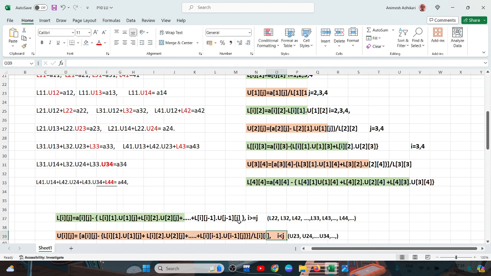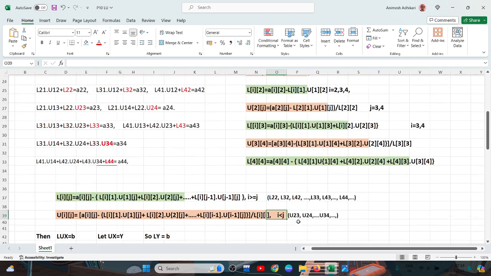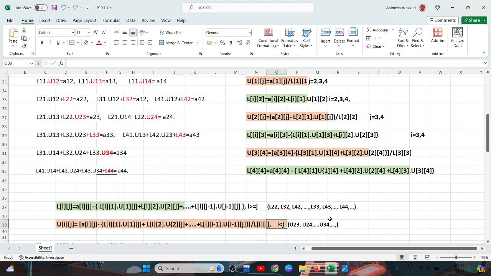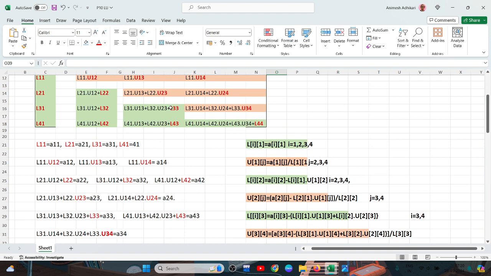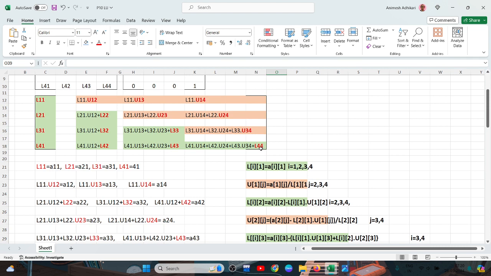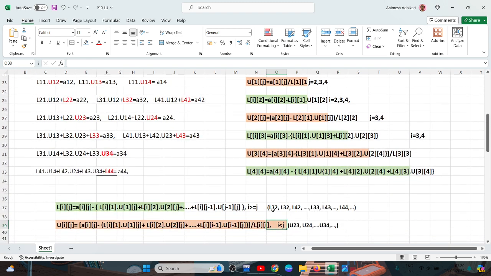From this equation we actually get L22, L32, L42, then L33, L43, and lastly L44. From these blocks we get L22, L32, L42, L33, L43, L44 when i is greater than or equal to j.